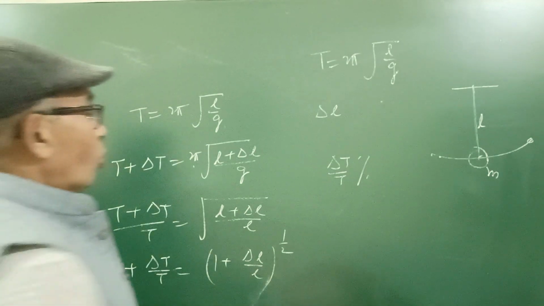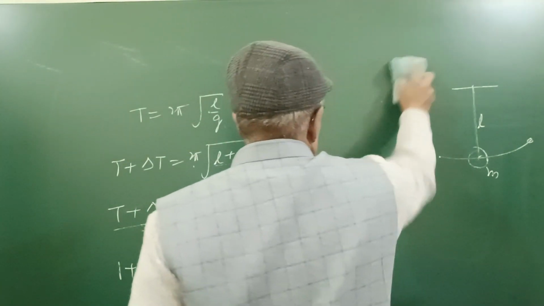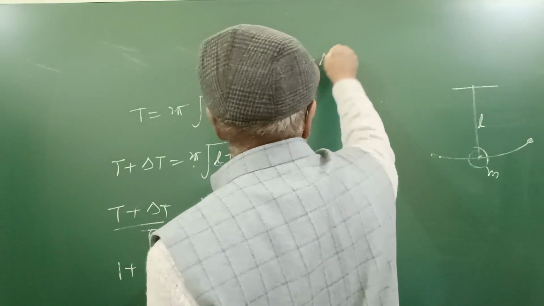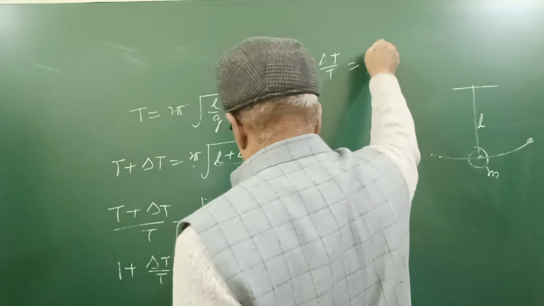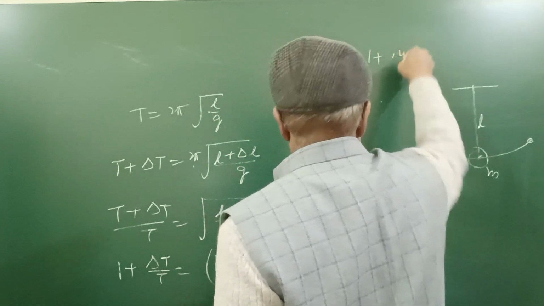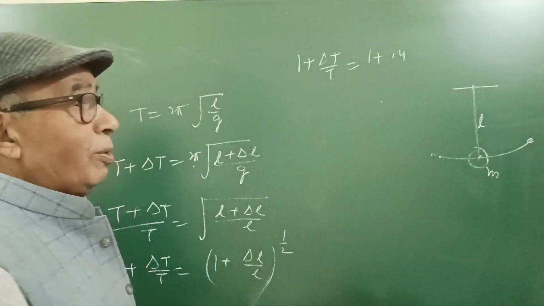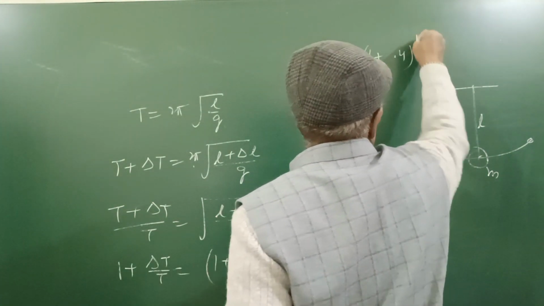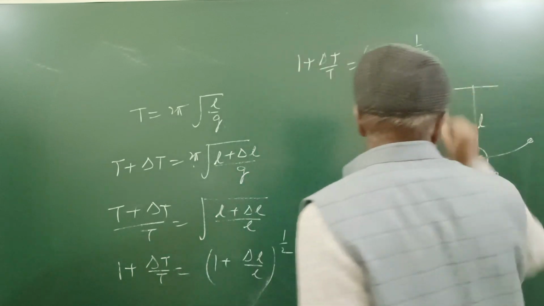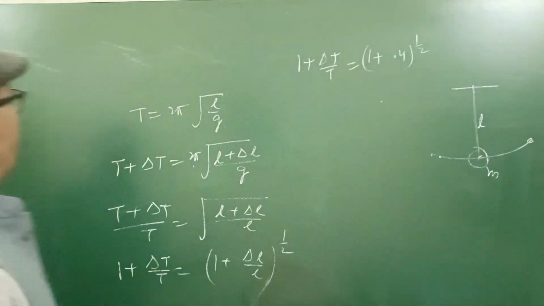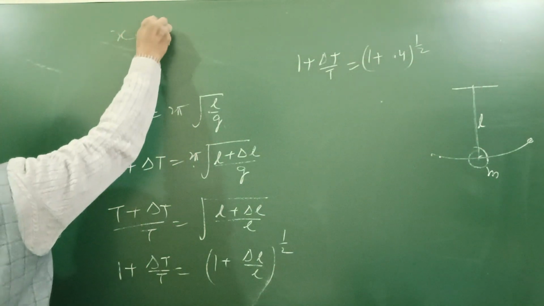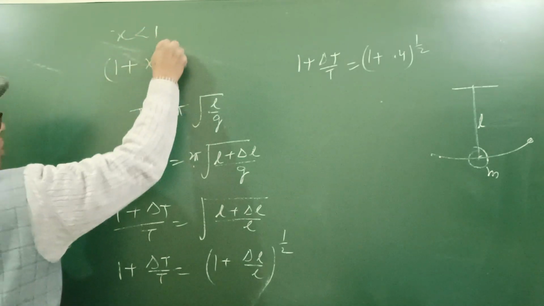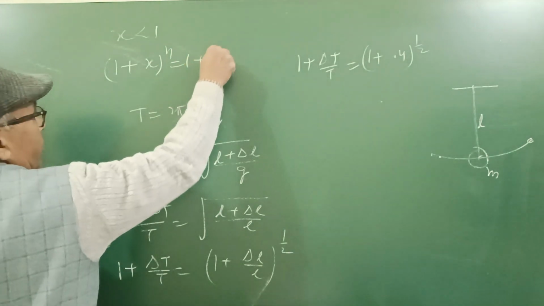Delta L upon L is 4%. So 1 plus delta T upon T is equal to 1 plus 4 upon 100, to the power half. The binomial expansion says that if x is less than 1, then 1 plus x to the power n, I have told many times.